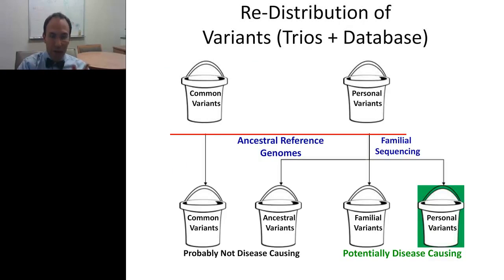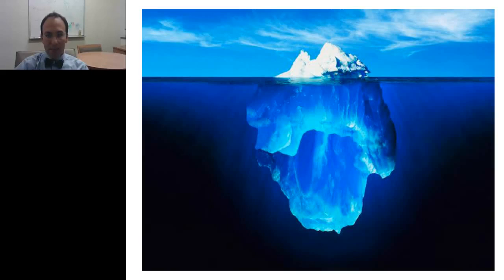Having the trio-based data allows us to better consider the inheritance of a variant of interest, and having ancestrally diverse data lets us consider, we hope a little more intelligently, the specific allele frequency of that subpopulation. Again, to think about whether this is a pathogenic or non-pathogenic variant that we're looking at.